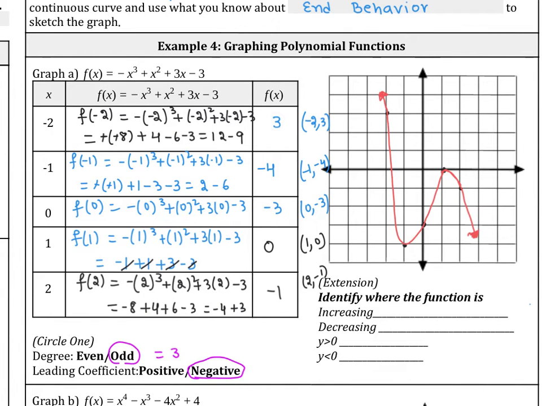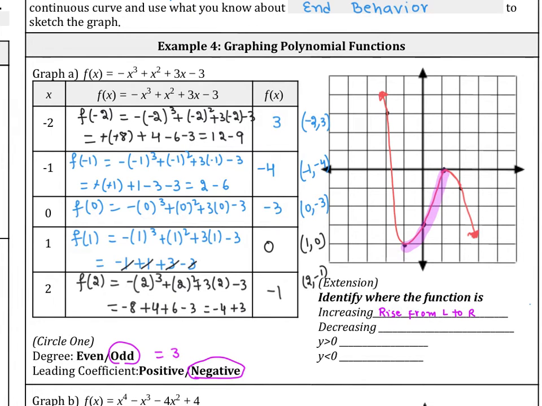Now we are going to answer some of the questions here. Identify where the function is increasing. An increasing function is one that is rising from left to right. If you look at this graph, you can see the function is rising from this point to this point, so from this point to this point the function is increasing.